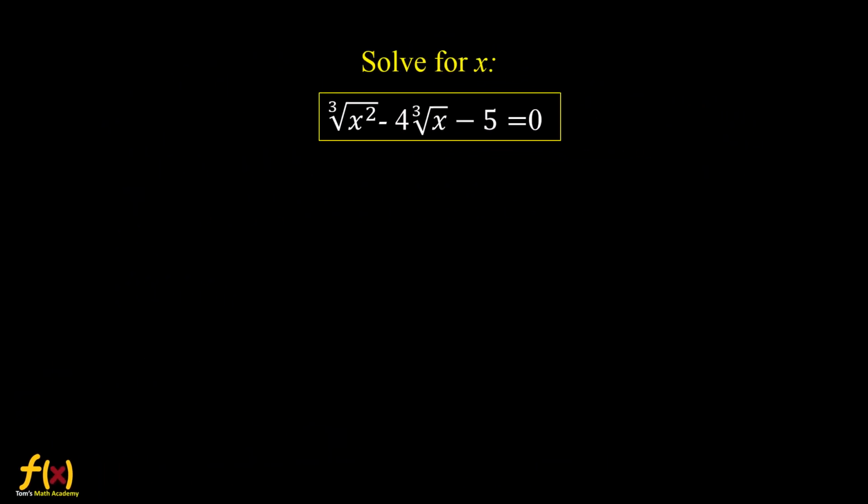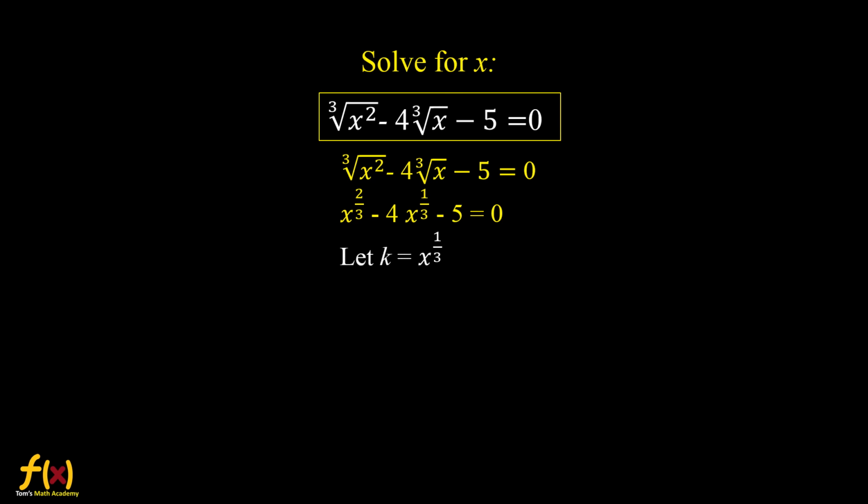Cube root of x² minus 4 times cube root of x minus 5 equal to 0. We change the equation into exponential form: x to the power 2 over 3 minus 4x to the power 1 over 3 minus 5 equal to 0.